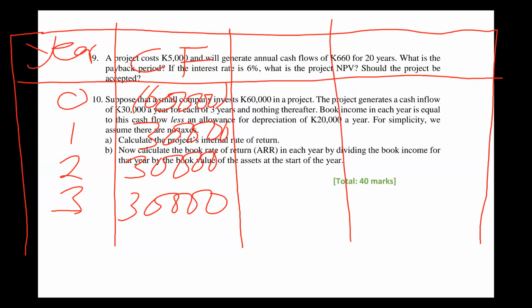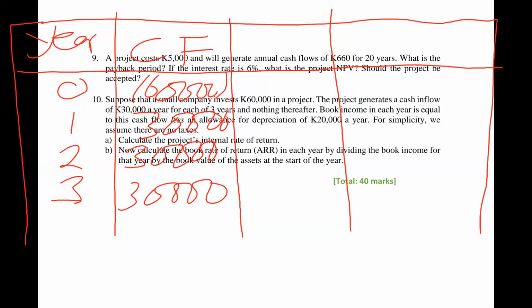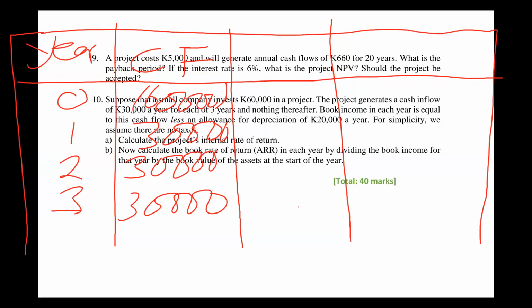You need two rates. The one that will give you a positive NPV, and the other one that will give you a negative. So in this case, we can even start with 15% or the same 17% that we found from ARR.